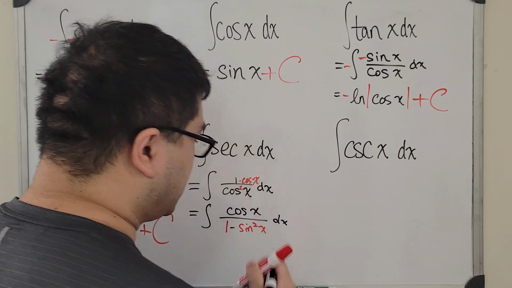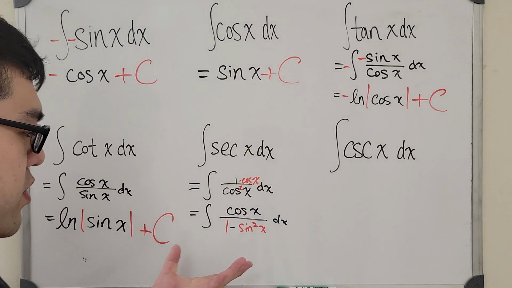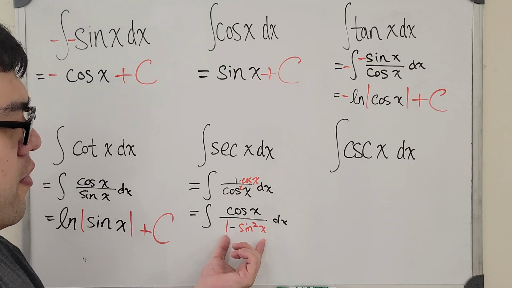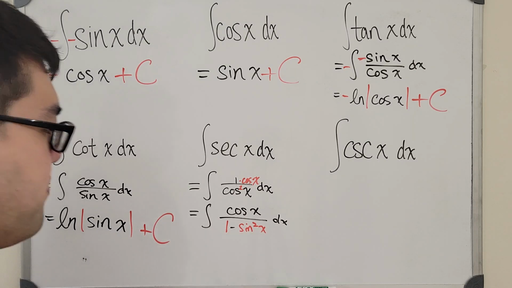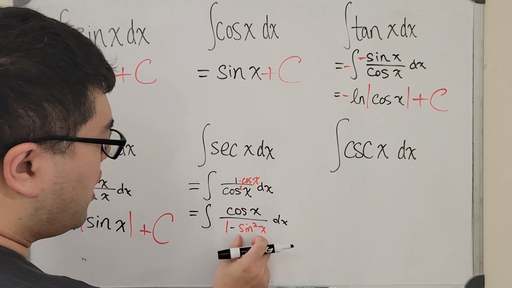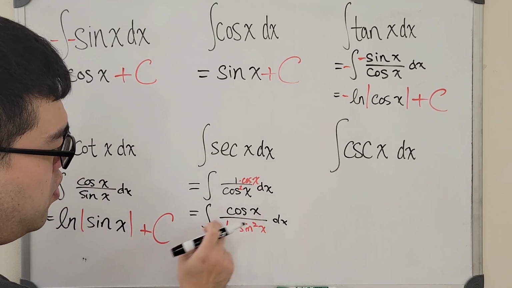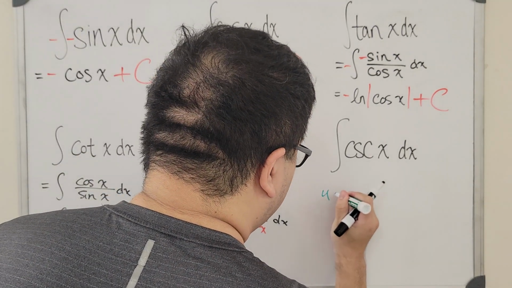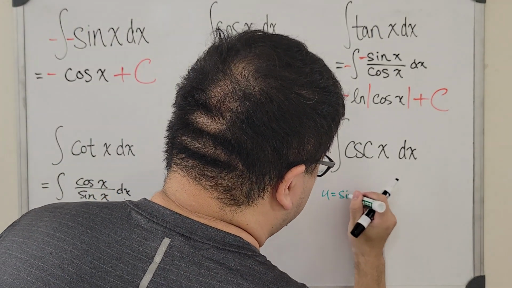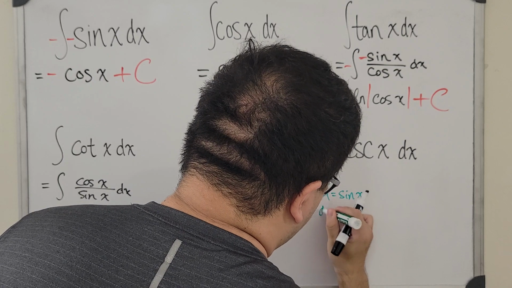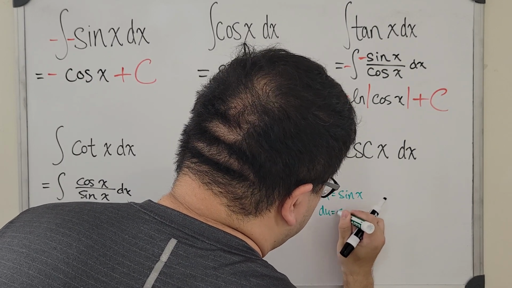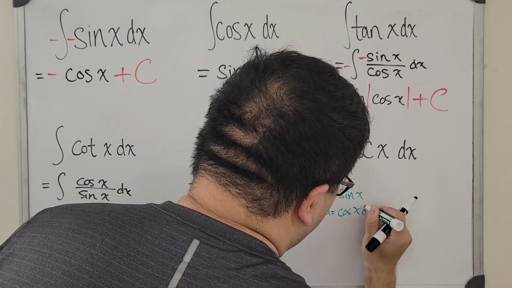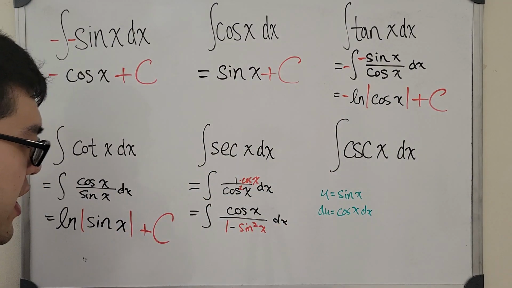And don't forget there's a dx here. So what does that do? Well, now if we try to do a u sub here, by letting u not be the whole denominator, but we're going to let u be just sine of x, then we'll actually get du is equal to cosine of x dx, which is the numerator that we have.